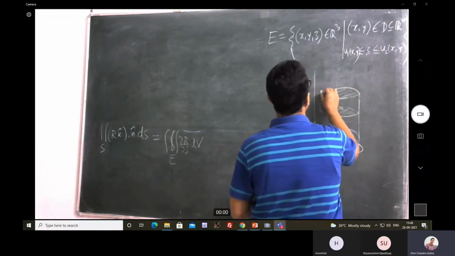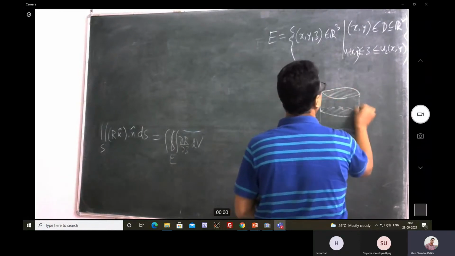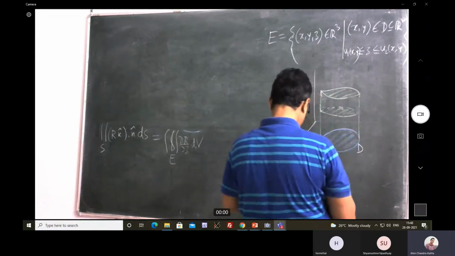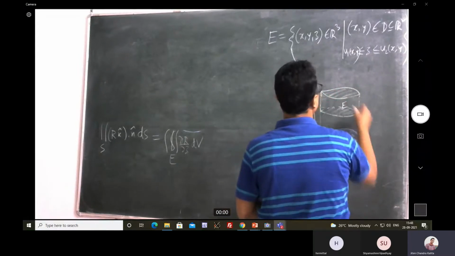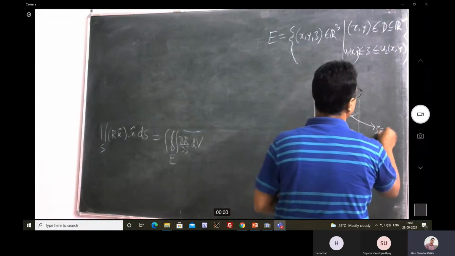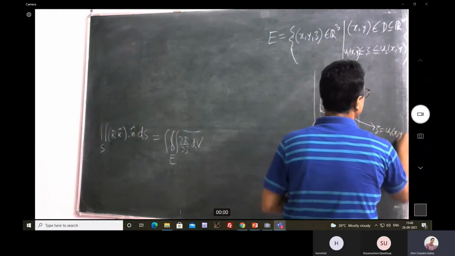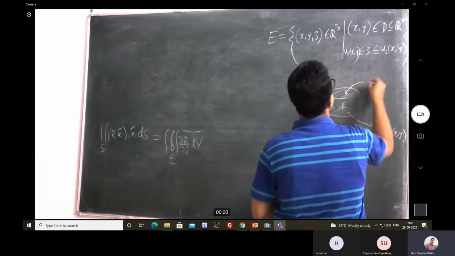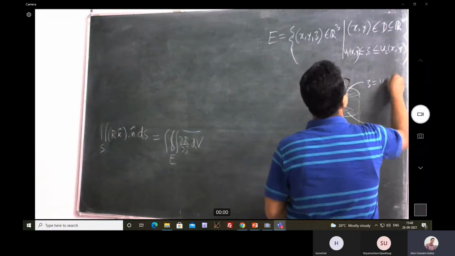The green one is the region E, which is bounded by this surface. This surface is z equal to u1(x, y), and this surface is z equal to u2(x, y).